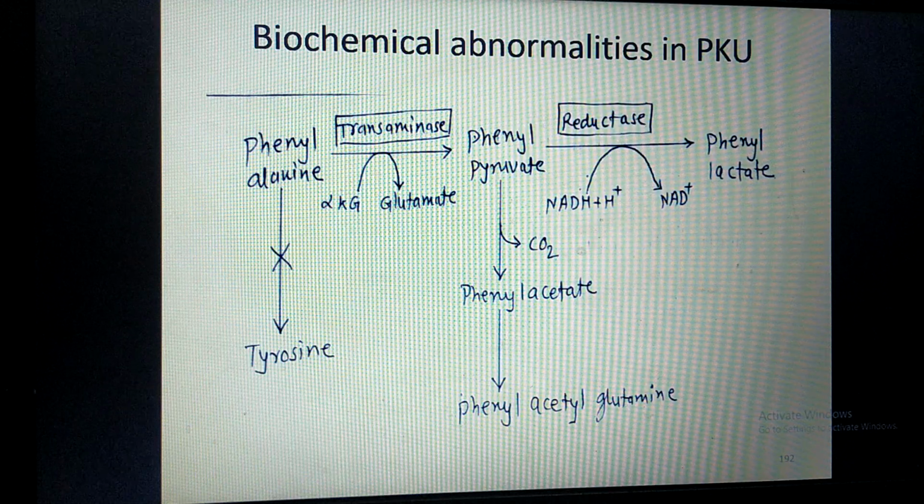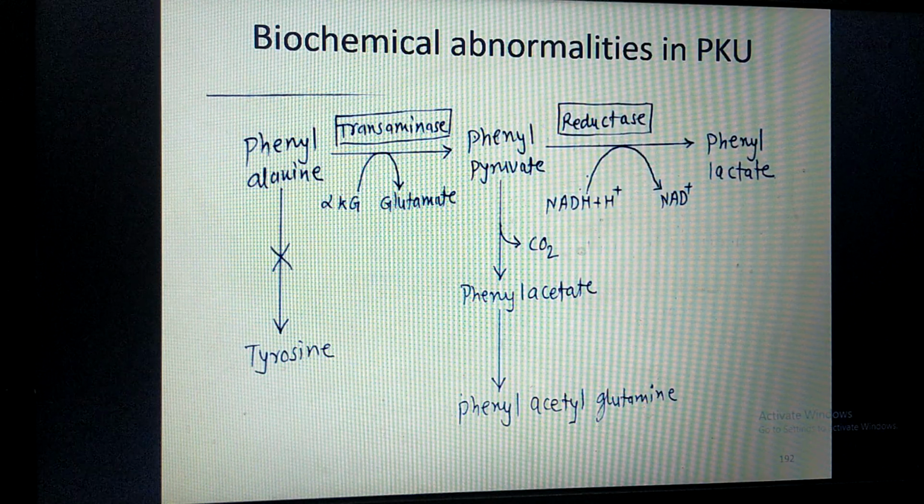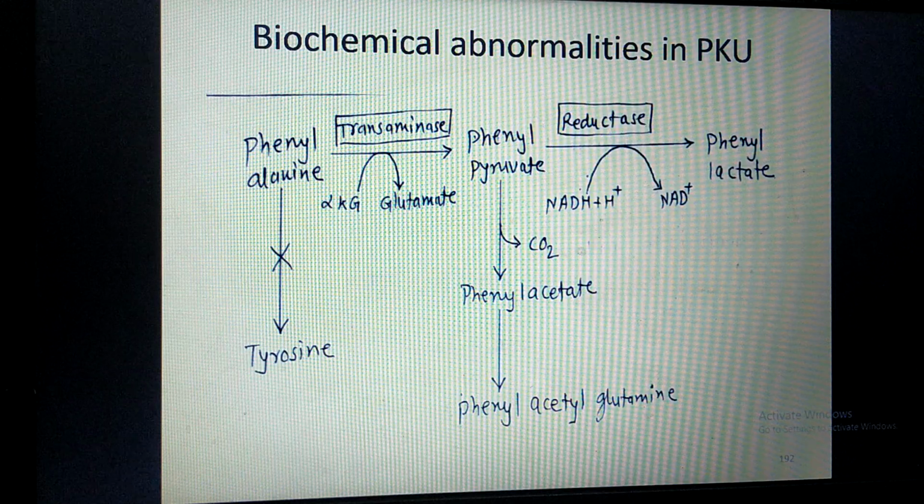Now this phenyl pyruvate undergoes reduction to form phenyl lactate with the help of the enzyme reductase, where 2 hydrogen atoms are donated by NADH. Or this phenyl pyruvate undergoes a decarboxylation reaction to form phenyl acetate. Now this phenyl acetate combines with glutamine to form phenyl acetyl glutamine. It is a conjugation type of reaction.